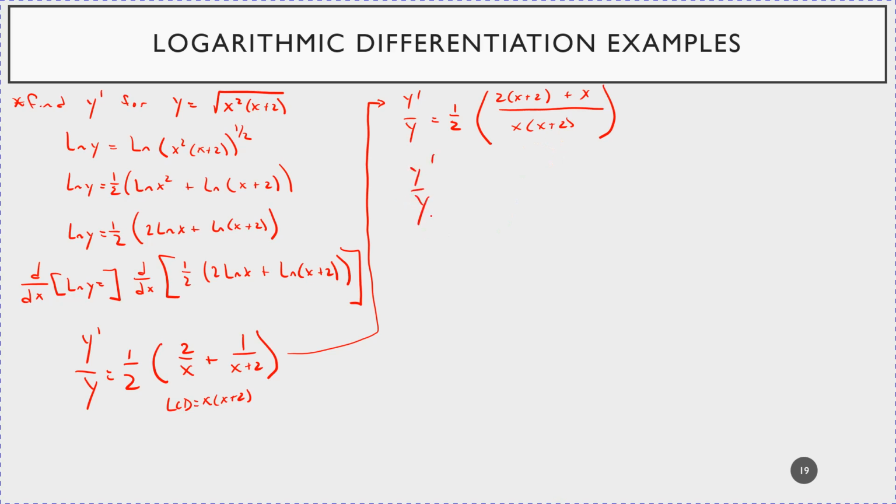So y prime over y is equal to, got this 1/2, here this becomes 2x plus 4 plus x, all divided by x plus 2.